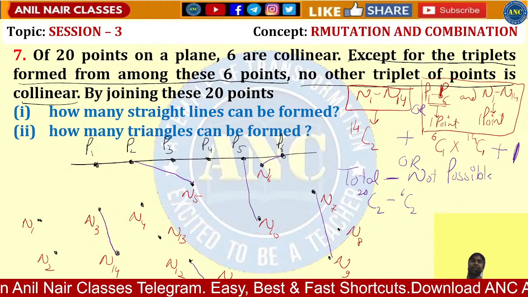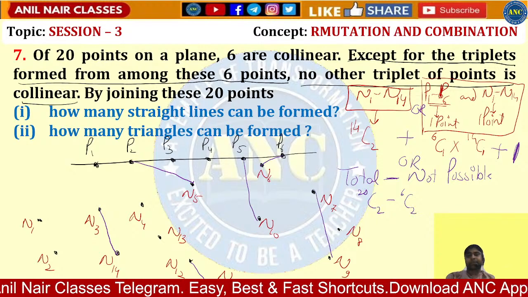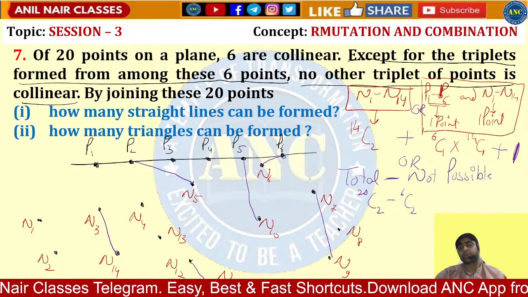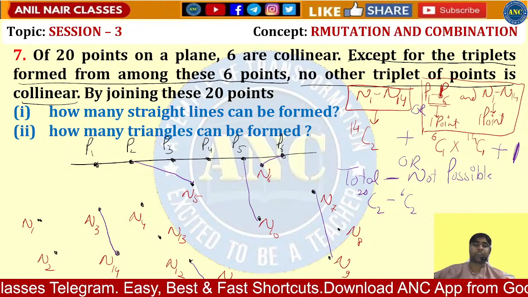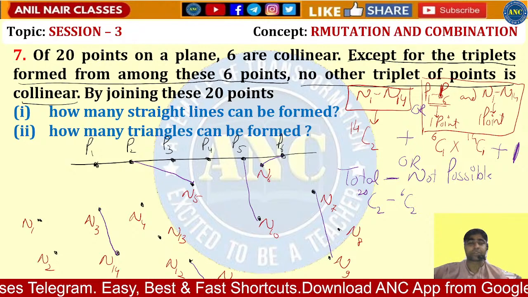That would be one and the same line. So if I subtract 6C2 from 20C2, I remove all the lines formed from P1 to P6, which were not supposed to happen.